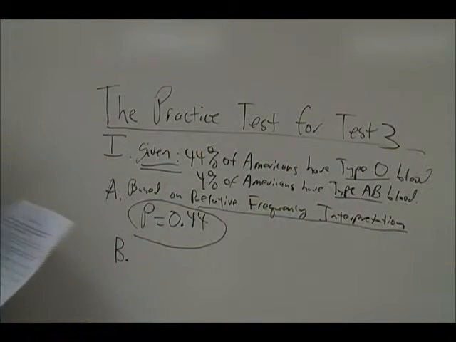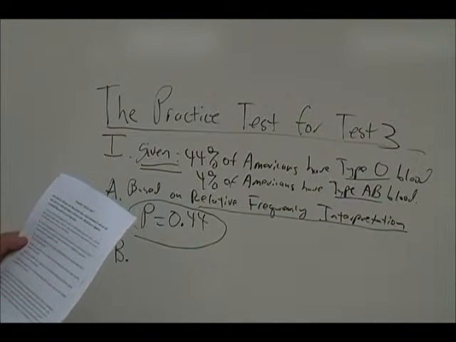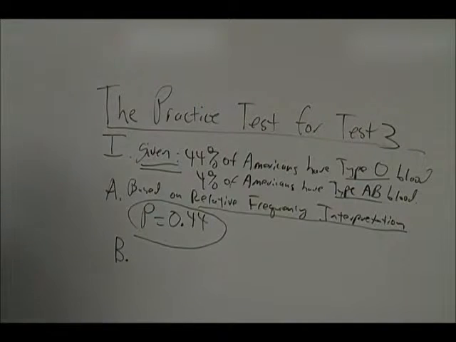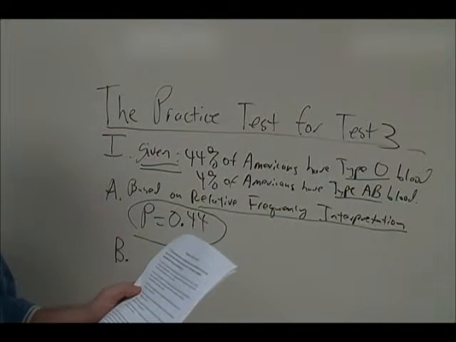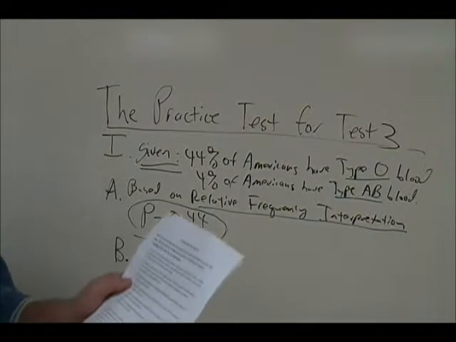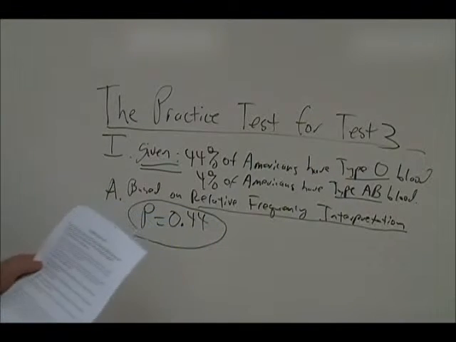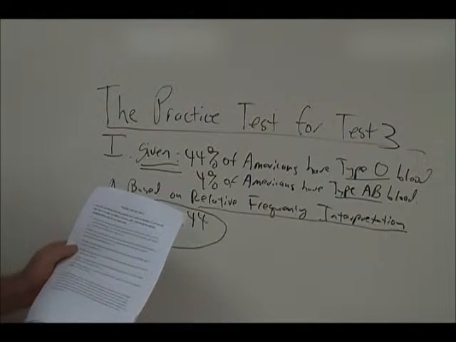And part B says, what's the probability that a randomly selected American will either have type O blood or have type AB blood? Recall that anytime you see a probability statement or question that involves either one event occurring or, the word or is in there, some other event occurs when you perform some procedure, those are called compound probabilities.